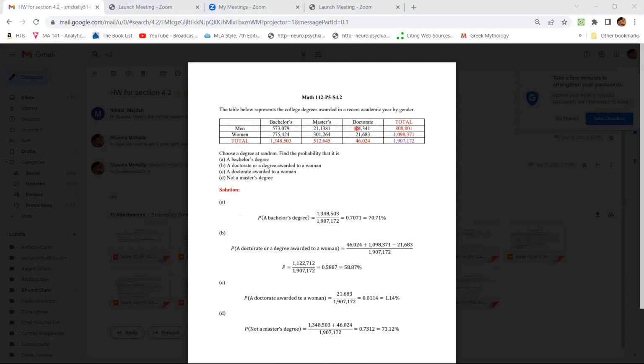I count this group and I count this group as part of this number here, right? Then when I count the women, I count this one and this one. Did I count one of those groups twice? No.